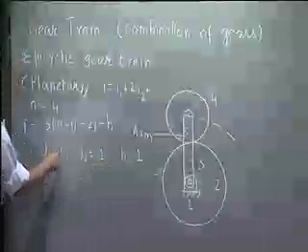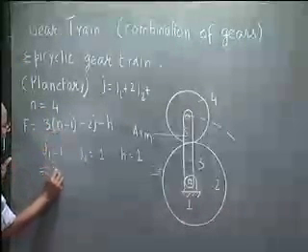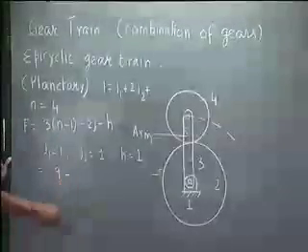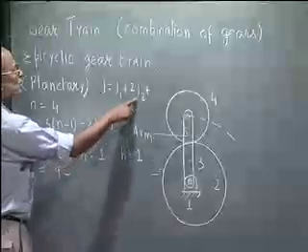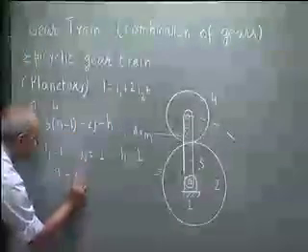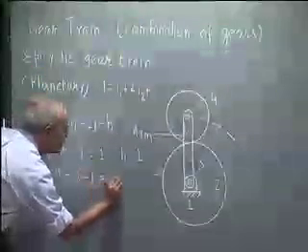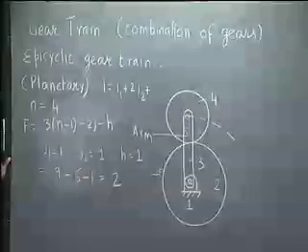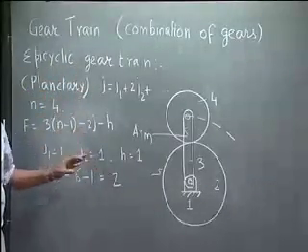So if I now substitute n equal to 4, I get 9 minus 2j, where j is j1 plus 2j2, that is 1 plus 2, which is 3. 2 into 3, 6, minus h, which is 2. So the degree of freedom of an epicyclic gear chain is 2.